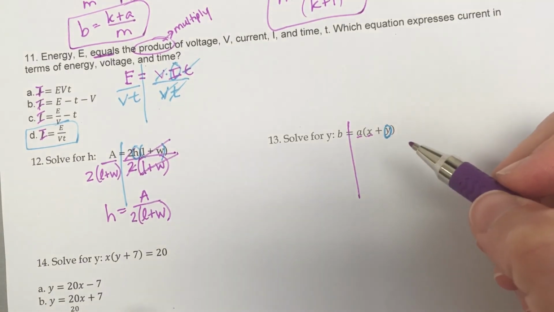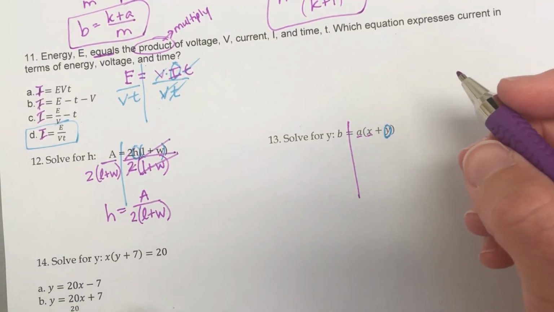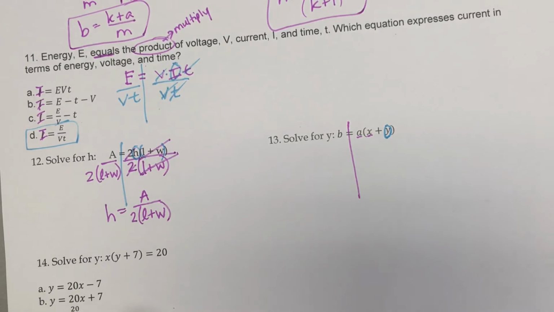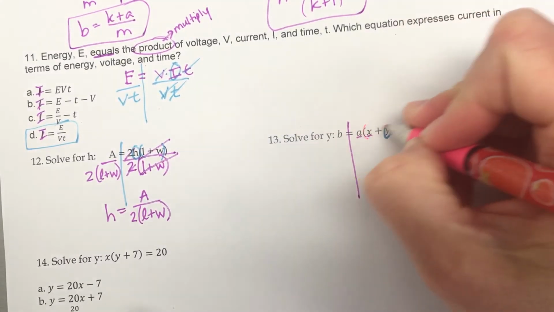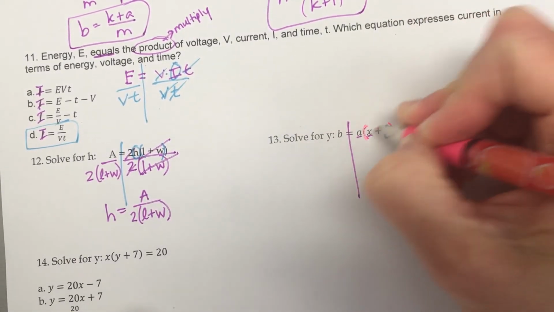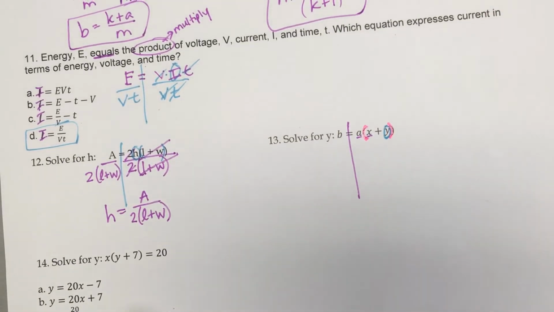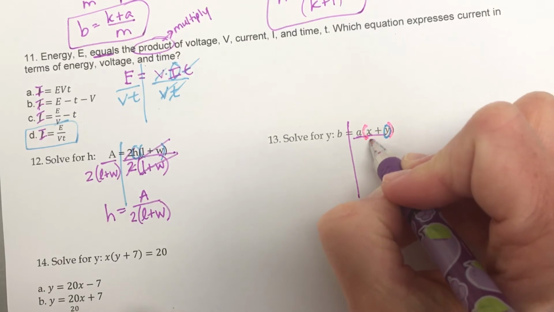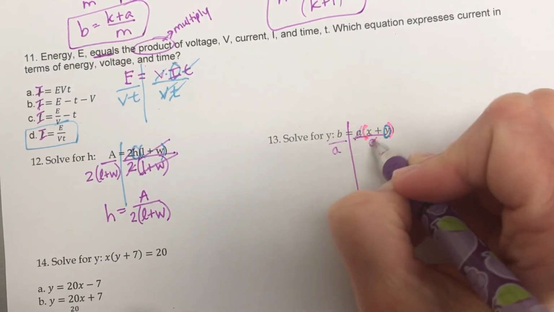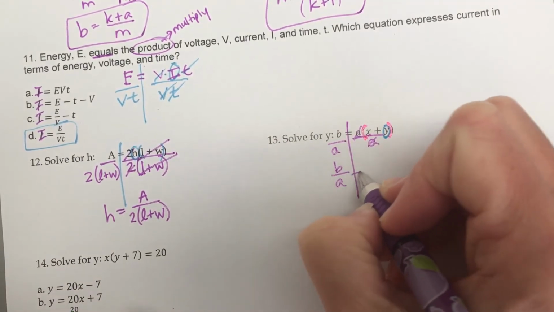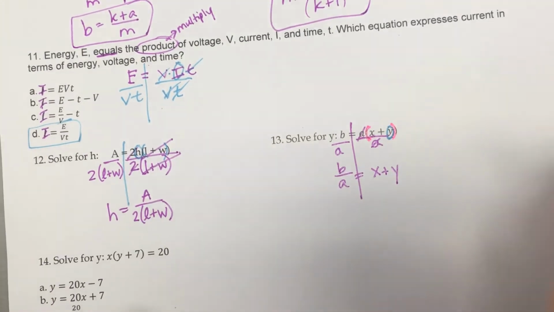And y is inside. So this one's a little different. So which ones are the best friends here? Well, x and y are best friends because they're both inside the same house hanging out. So we're going to move a first. So we're going to divide both sides by a. So those cancel. So I've got b over a equals x plus y.